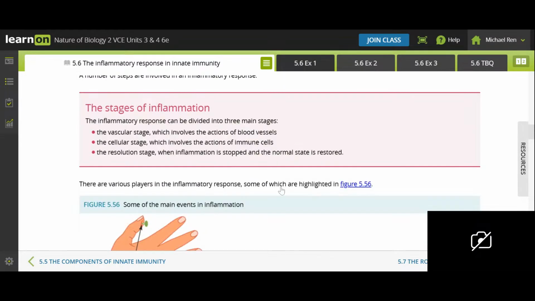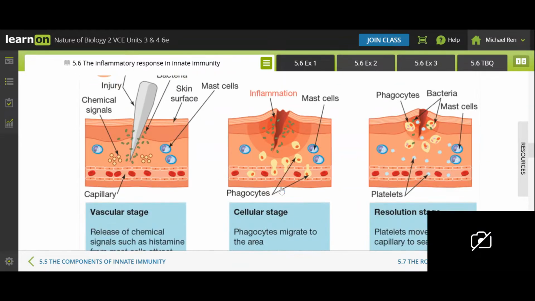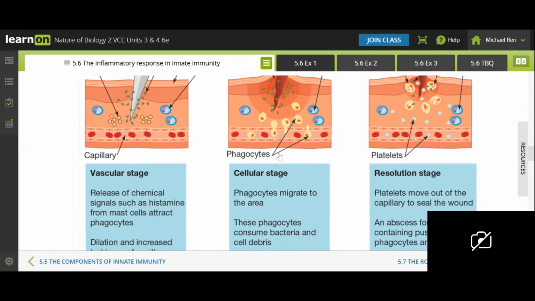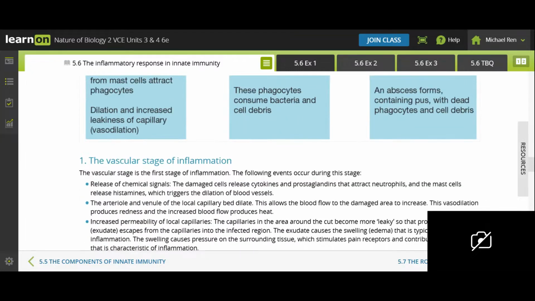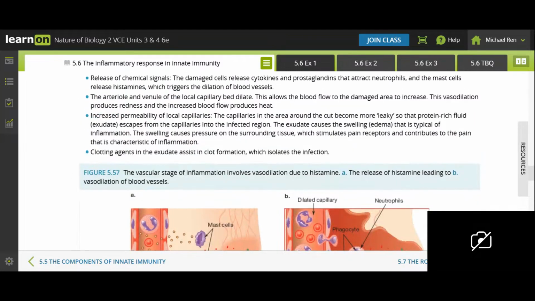Simple as that. So there's 4 main symptoms of inflammation, and those are redness, swelling, pain, and heat. The vascular stage causes the swelling, the heat, and the redness, and in turn the pain. So it causes all 4 of them.